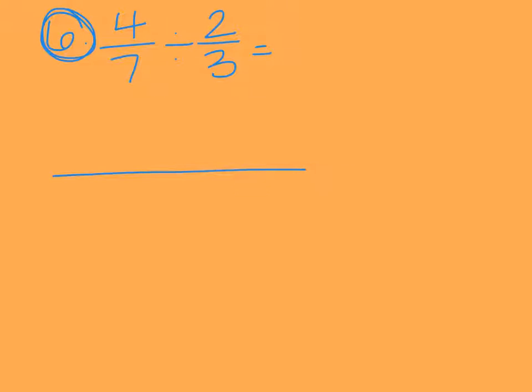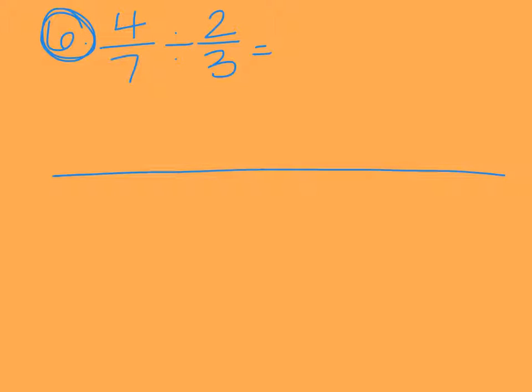Let's do another problem. Let's move on to number 6 and give that a try. I want to draw a circle around it so it doesn't look like part of your problem. We have 4/7 divided by 2/3. Again, we want you to show your work today so you're practicing using that algorithm, making sure you're doing it correctly.